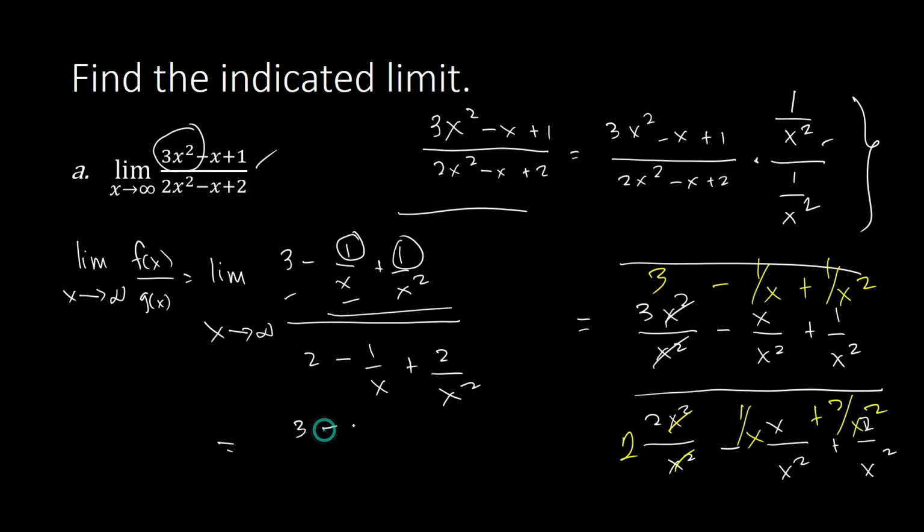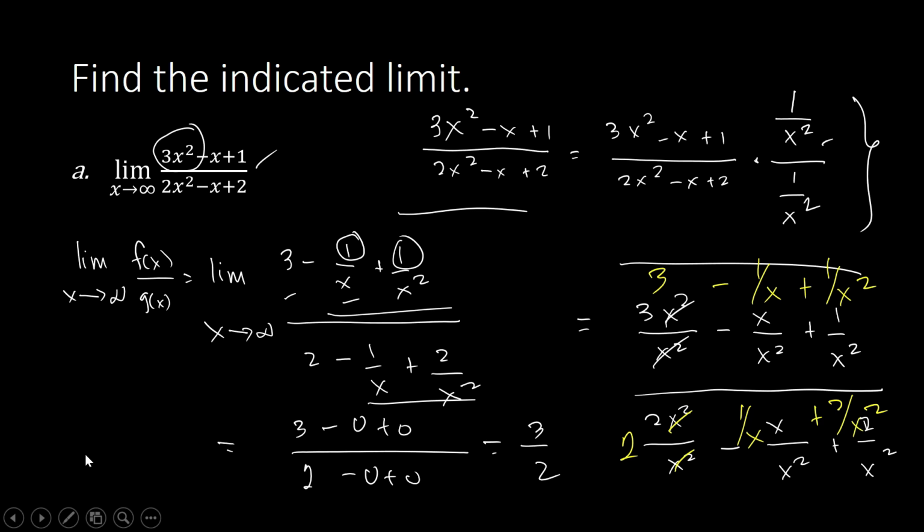So this is just minus 0 plus 0. And the limit of 2, a constant term, as x approaches infinity is just 2. The limit of this is just 0 minus 0 plus 0, and this is equal to 3 halves. So the limit of our rational function as x approaches infinity is 3 over 2.